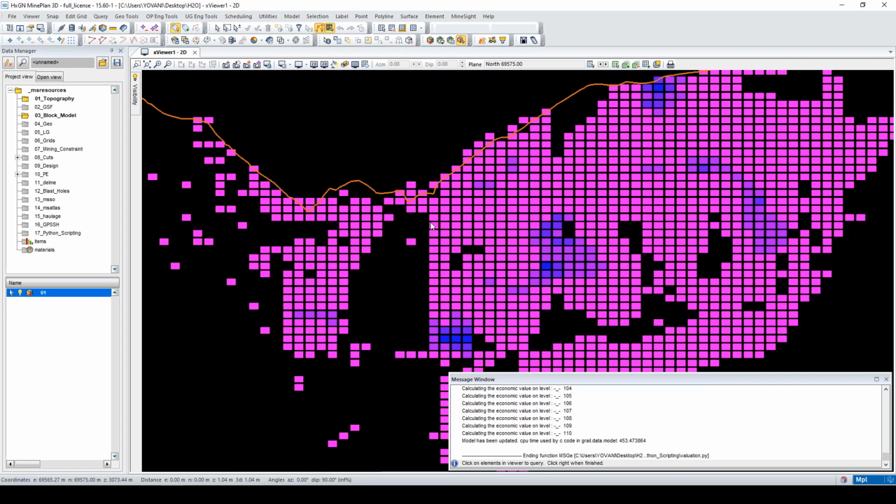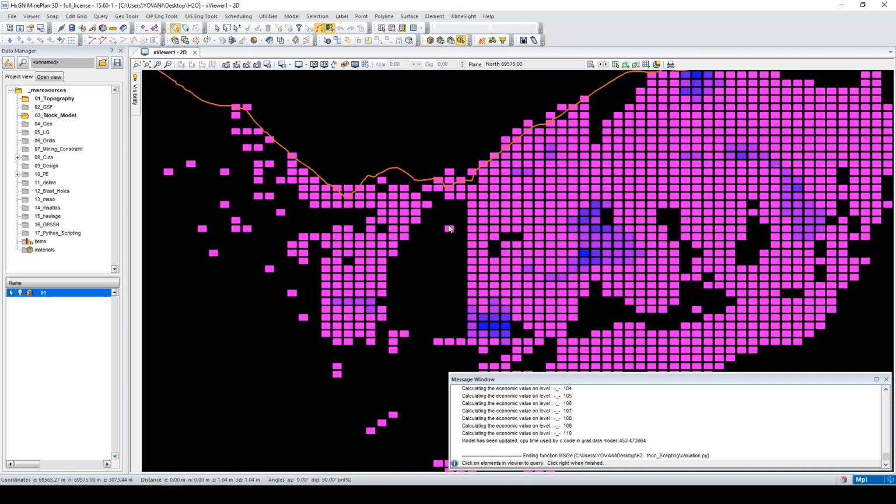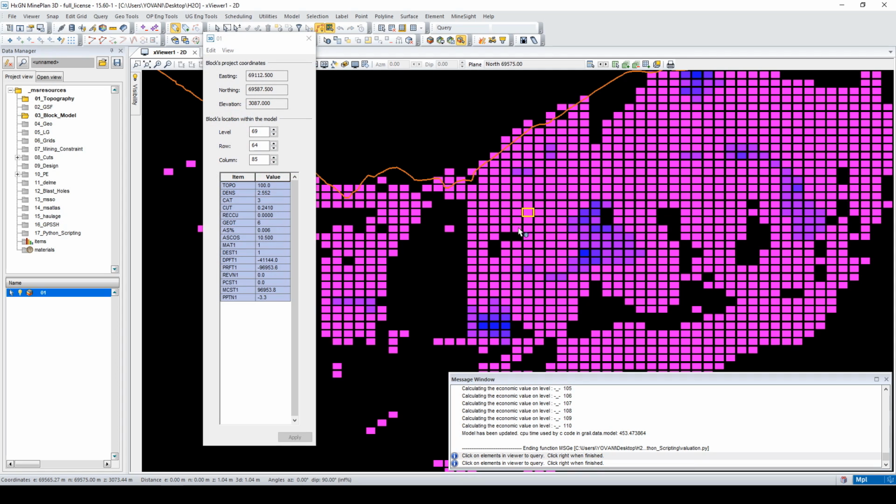Okay, we are back. It just finished running the script, so now we are going to verify all the calculated fields by using an Excel spreadsheet.